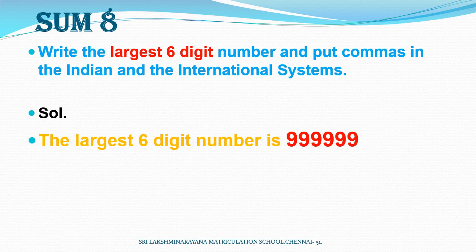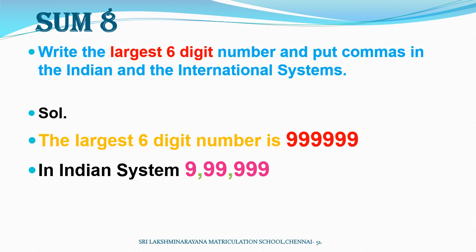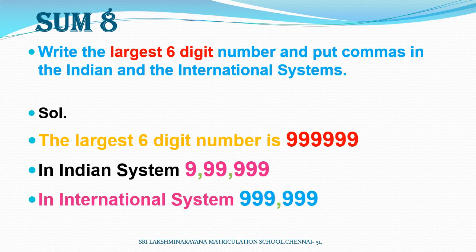And in the Indian system, place the comma as we saw in our previous slide. So we can read the number in the Indian system as 9,99,999 and in the international system we can read it as 999,999.